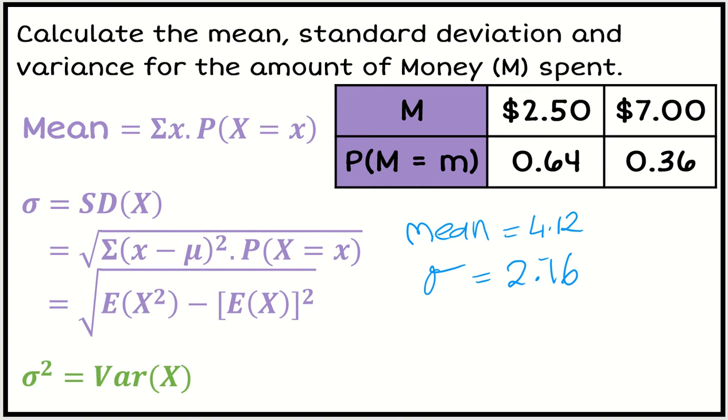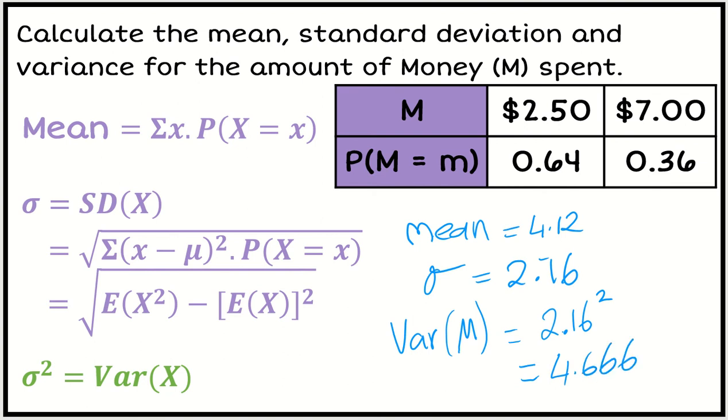To find the variance, it's our standard deviation squared. So this is the variance of m, and that is going to be that value of 2.16 squared, which is going to give me a value of 4.666. So that's our standard deviation, mean and variance for the amount of money that she makes.